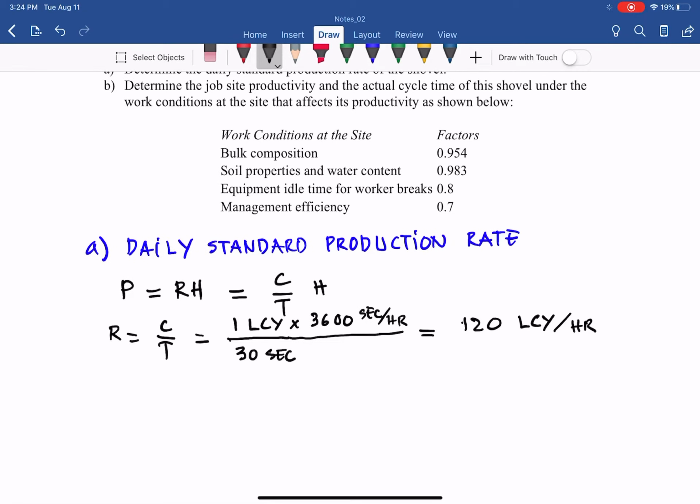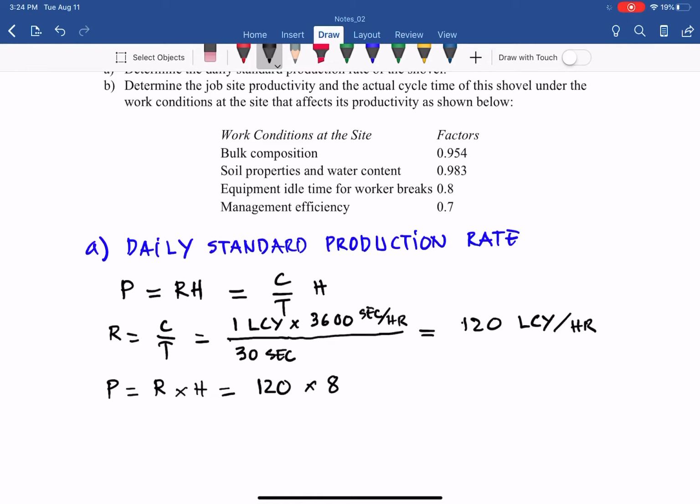And if we assume H, the number of hours operating per shift, is 8 hours per day, we can have P equal to R times H, as you can see there. So 120 times 8 hours per day.